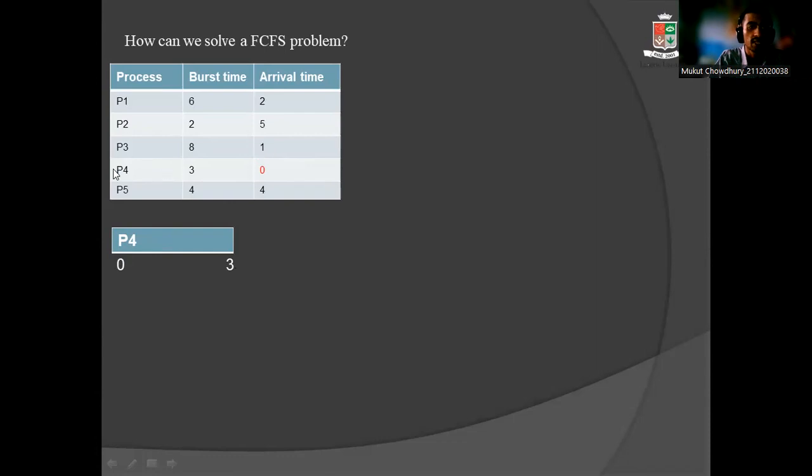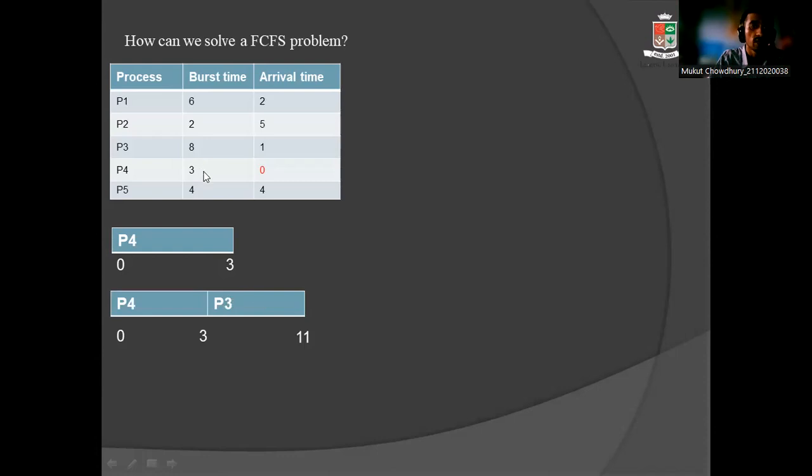So after P4, P3 will come to complete its job. P4 came first, and secondly P3 came. The ending point of P4 is 3, which is also the starting point of P3, and since the burst time is 8, P3 will be completed at 11.